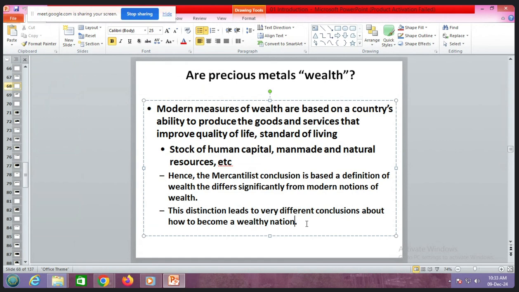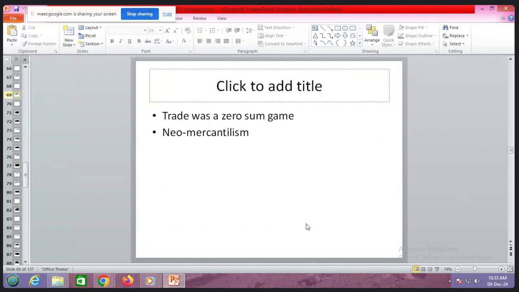Okay, so the mercantilists were right in their own view, because at that time metals were important and metals were considered to be wealth of nations. But in the recent times, we cannot say it's just metals that are wealth. We have to look at goods, services, standard of living, human capital, man-made resources, natural resources, all this also as wealth.